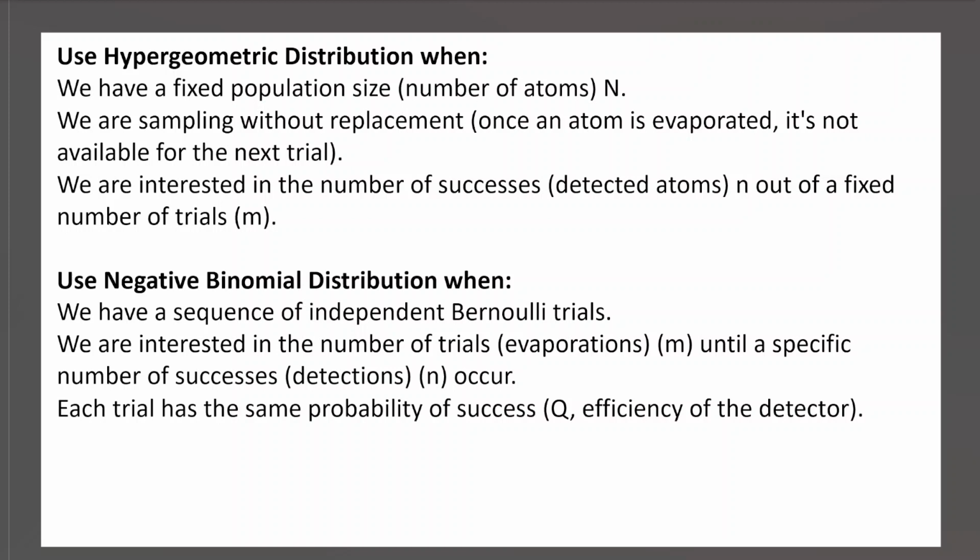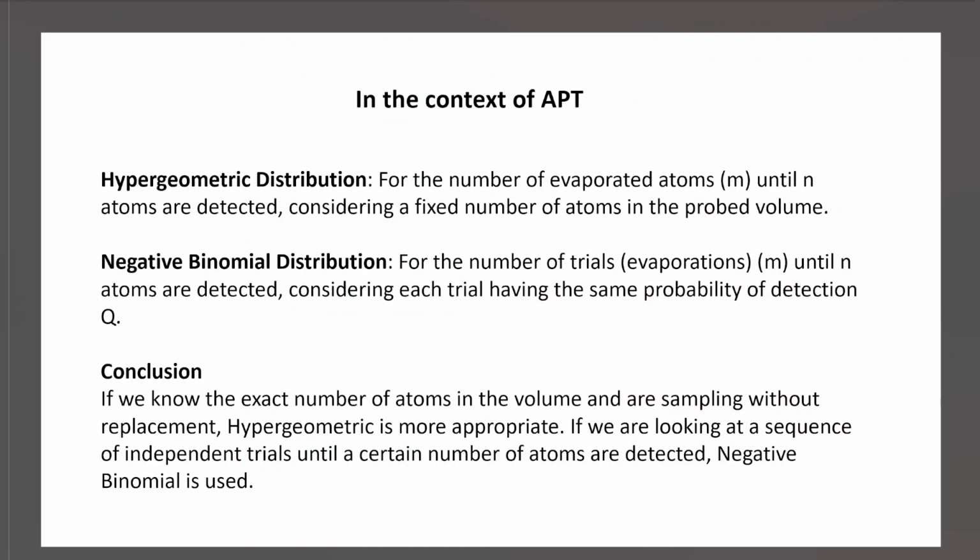When we discuss only the detector, where the detection efficiency or probability of detection is constant, which is Q equal to N by M, we can use the negative binomial distribution. So in the context of APT, hypergeometric distribution is for the number of evaporated atoms until n atoms are detected, considering a fixed number of atoms in the probed volume.